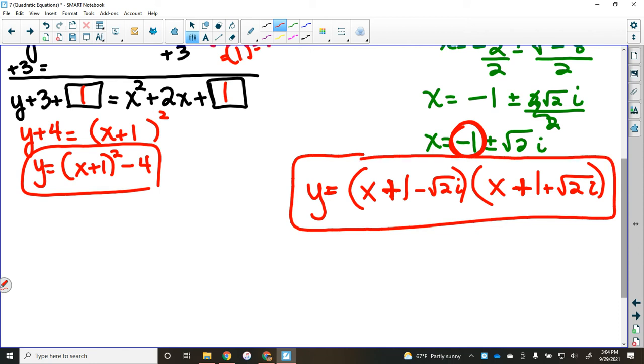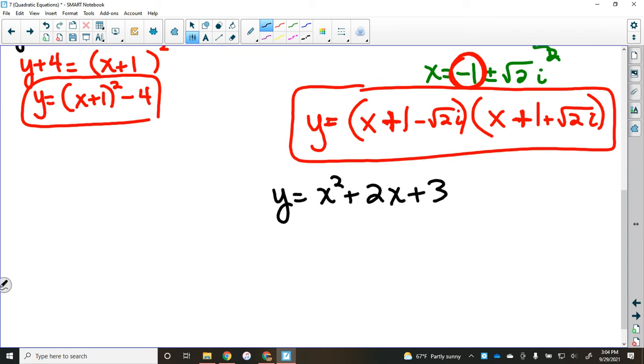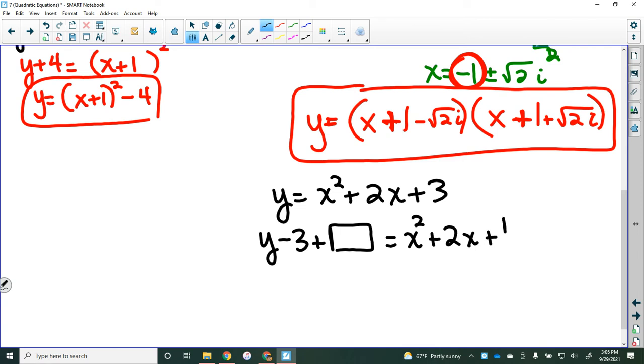Now doing the vertex form will be much easier. So what was the original? y equals x squared plus 2x plus 3. Okay, do I want that 3? No. Move it to the other side. Add a box. Isn't that just going to be a 1 again? Yes.